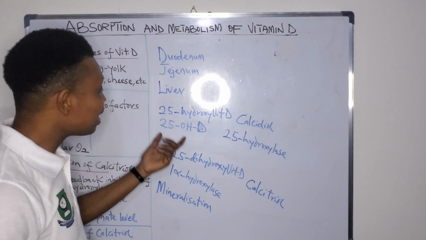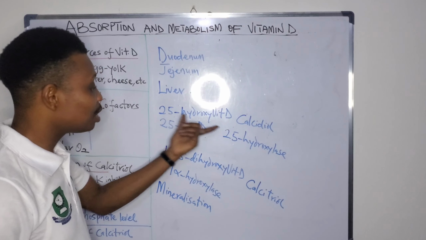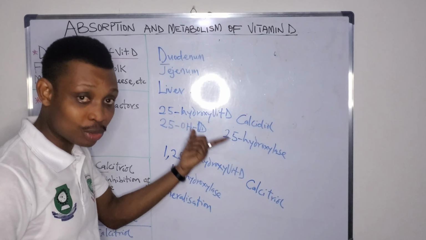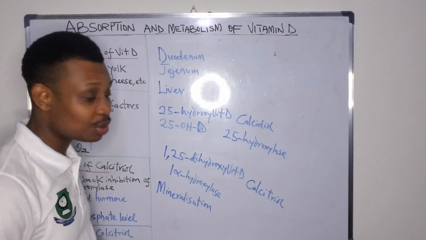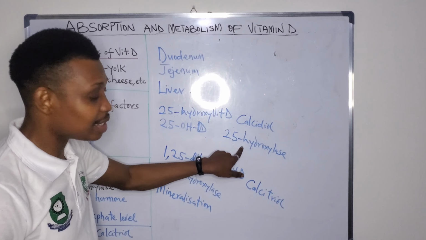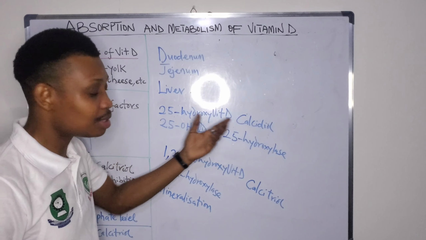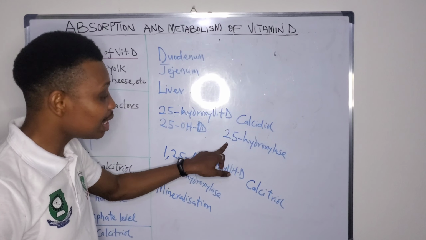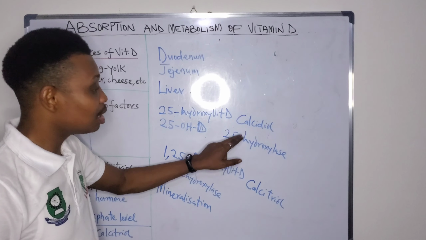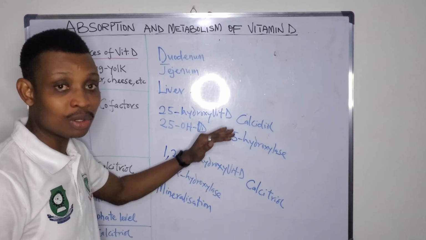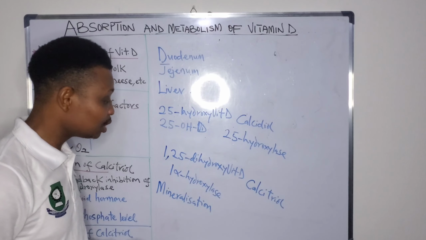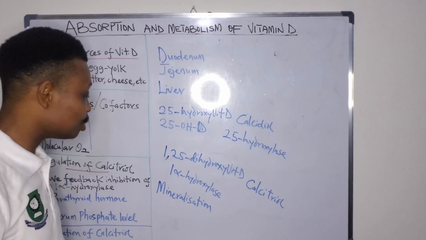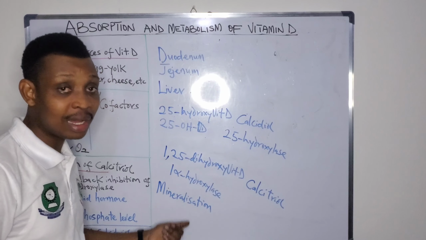So if a sufficient amount of calcidiol has been produced, there will be a negative feedback inhibition on this enzyme that catalyzes its production. So when this enzyme is being inhibited, then the production of calcidiol will stop. Also, for calcitriol, there will be a negative feedback inhibition on 1-alpha hydroxylase.